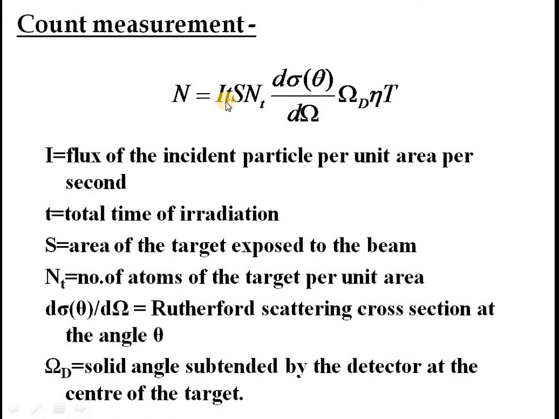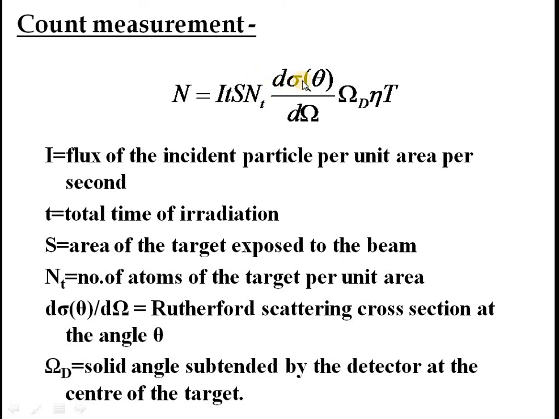T is the time for which the radiation takes place, and S is the target area. You have pasted a thin film, so its area is denoted with S, and NT is the number of atoms of the target.